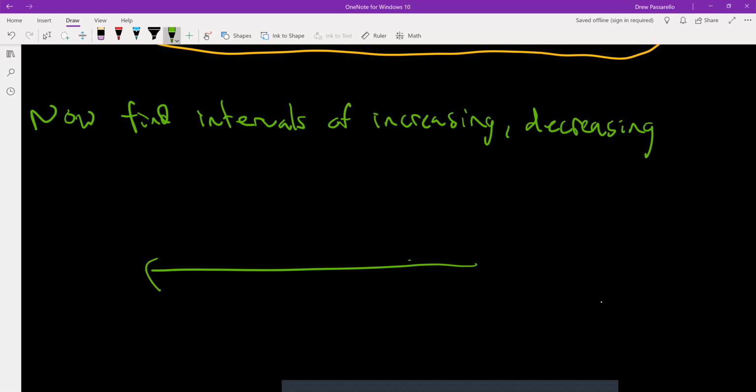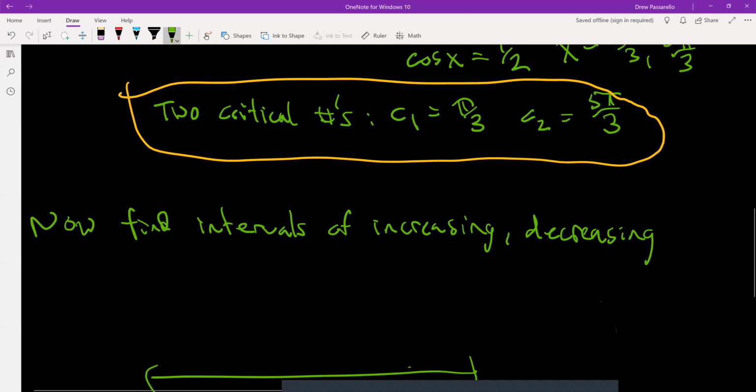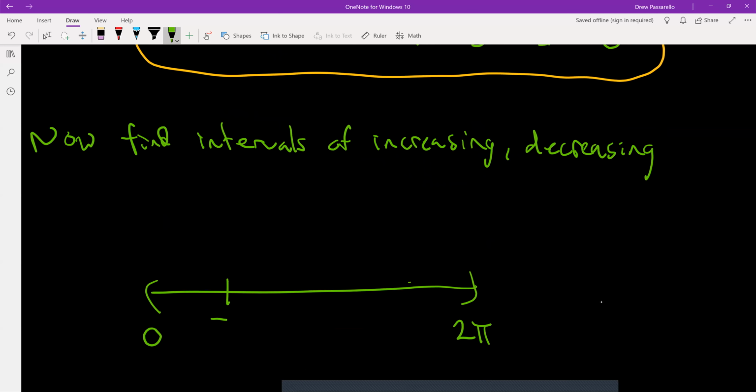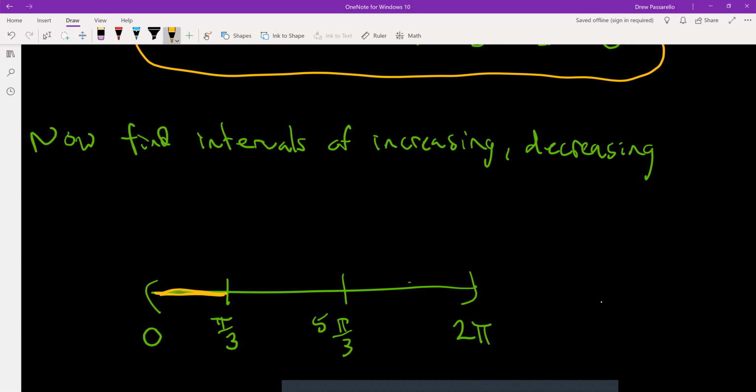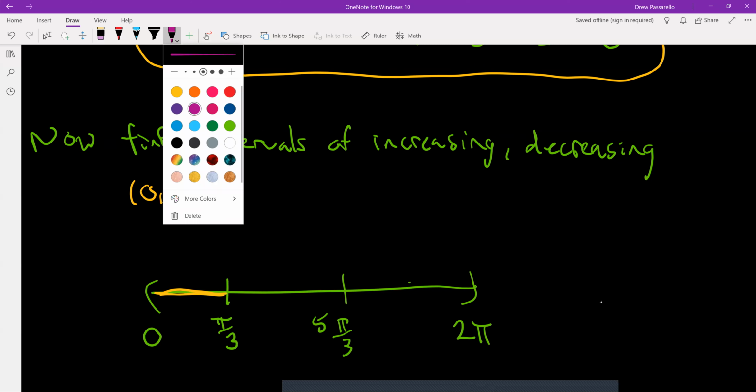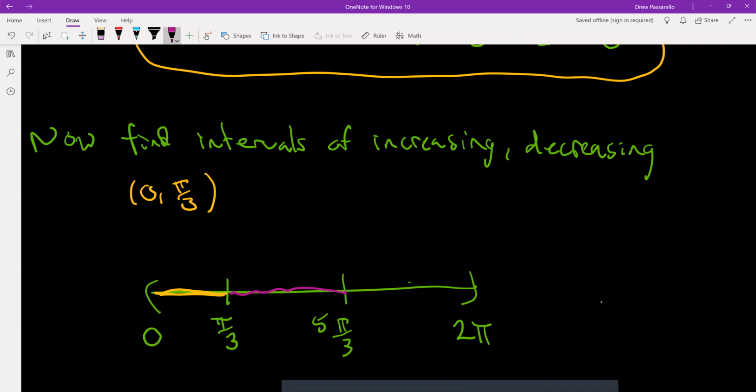And we have the parentheses around there. We have two critical numbers. We have pi over 3. And then 5 pi over 3. So we're going to have the following intervals. So we have the interval that goes from 0 to pi over 3. We're going to have the interval that goes from pi over 3 to 5 pi over 3. And then we're going to have the interval from 5 pi over 3 to 2 pi.